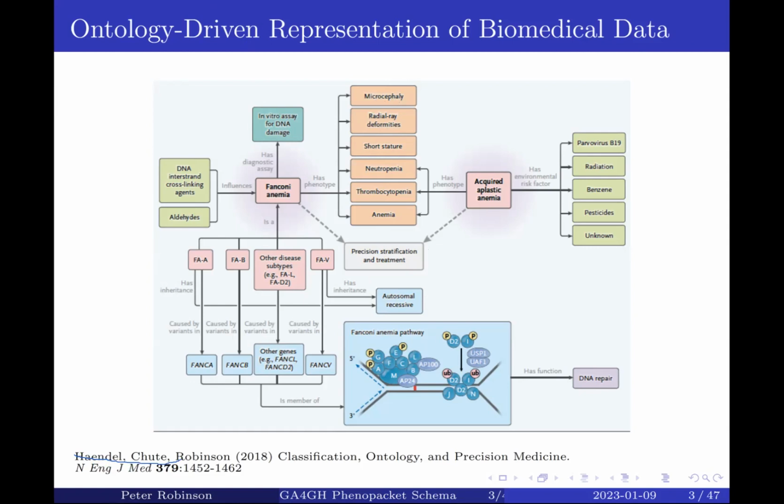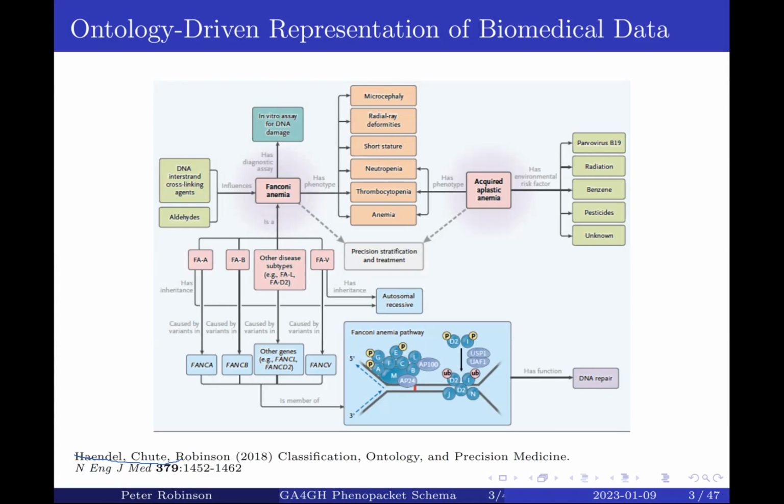And we feel that we can compare not only patient profile to this disease model, but we can also compare different diseases to each other to learn about pathomechanisms and perhaps to pave the way for precision stratification. And so in this example, acquired aplastic anemia shares the hematological feature, or many of the features with Fanconi, but doesn't share some of the other items such as microcephaly.